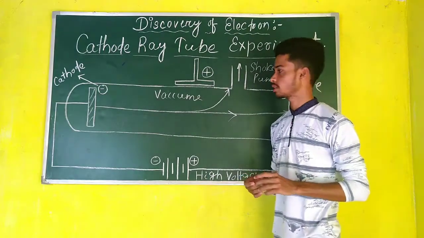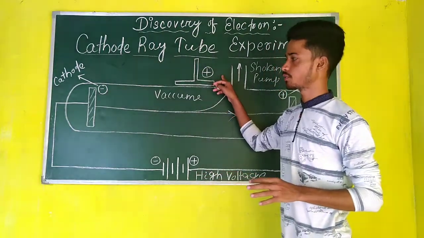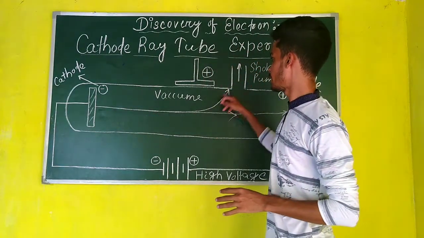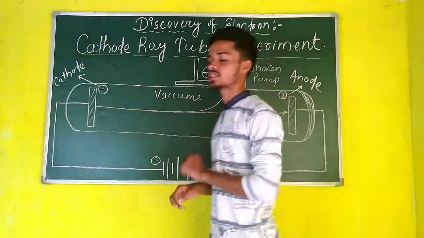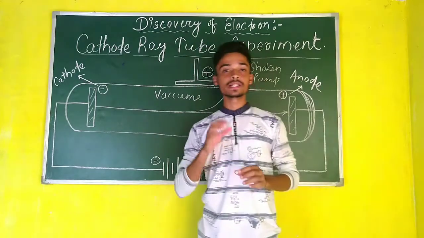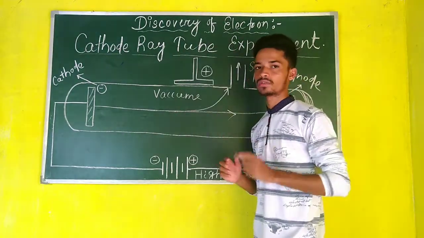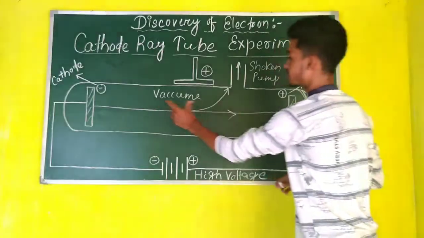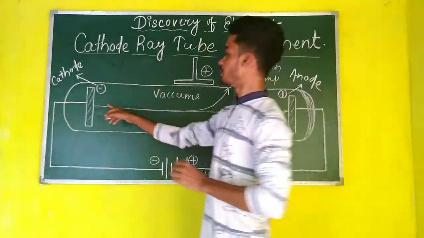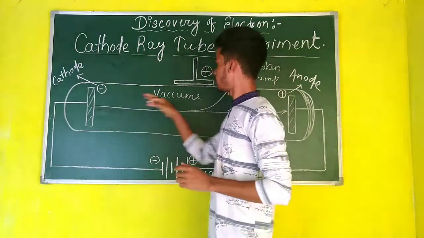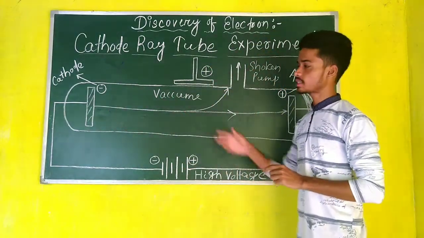This is the second phase of the discovery of the electron, to prove again that the beam is not light. This is an electron.